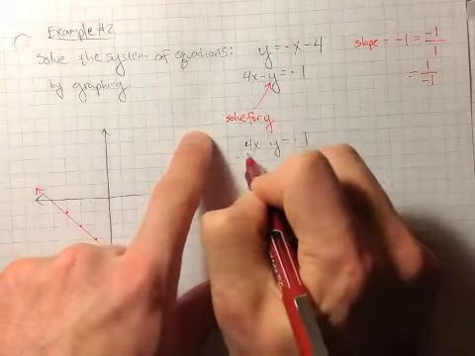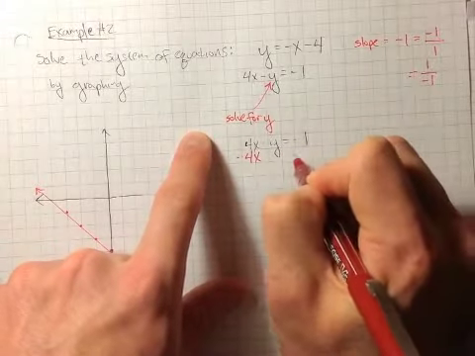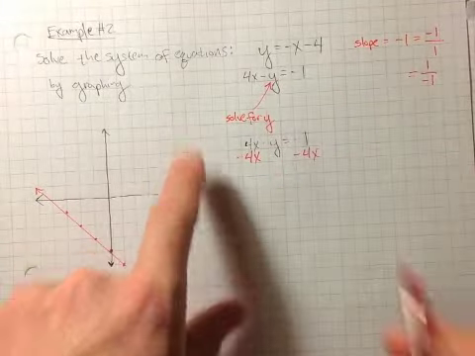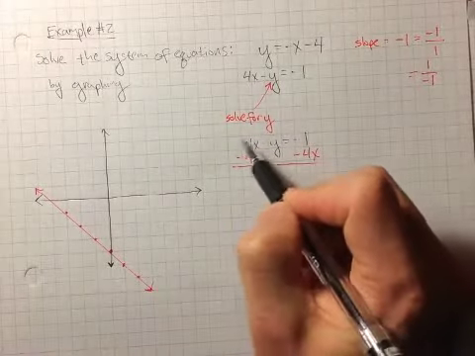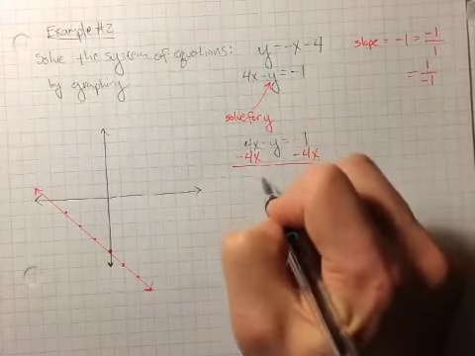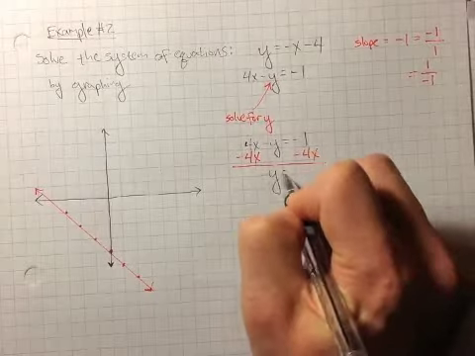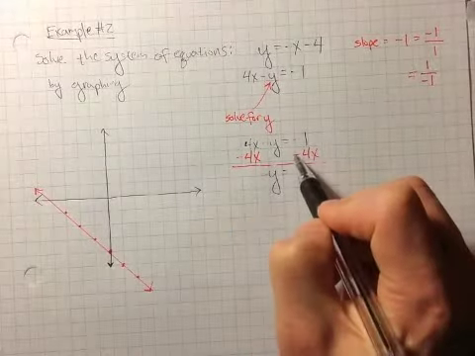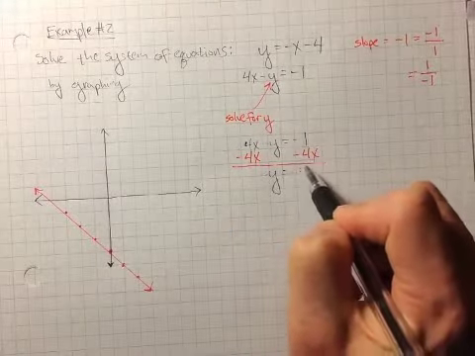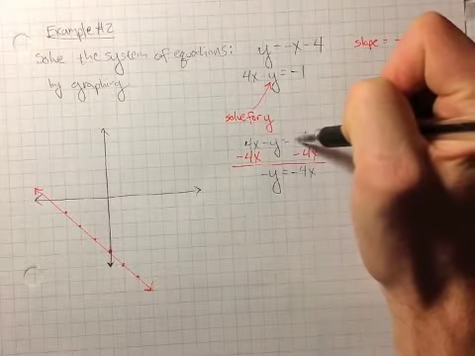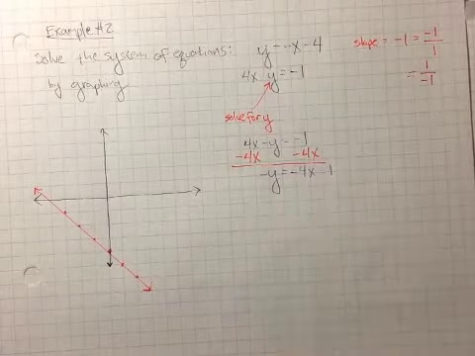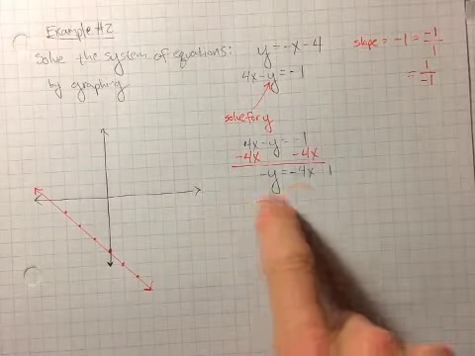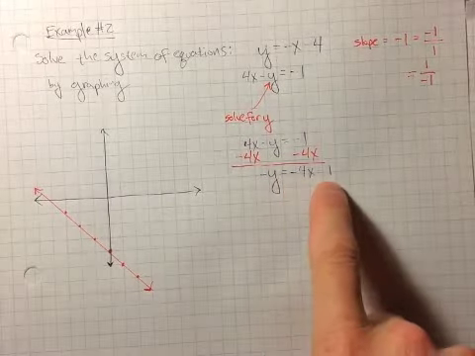So I'm going to subtract 4x from both sides first, because 4x minus 4x is 0. That goes away. I'm left with a negative y, and then I'm going to put the negative 4x in front, and the negative 1 behind, because I can flip those around. So negative y equals negative 4x minus 1.